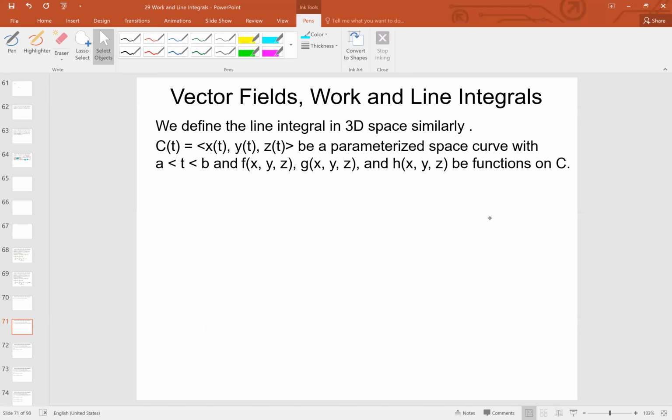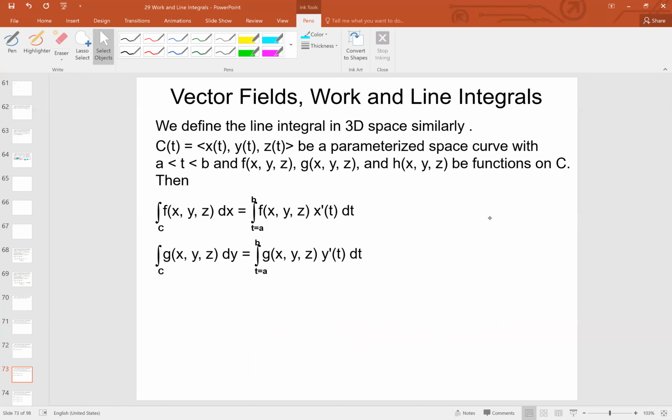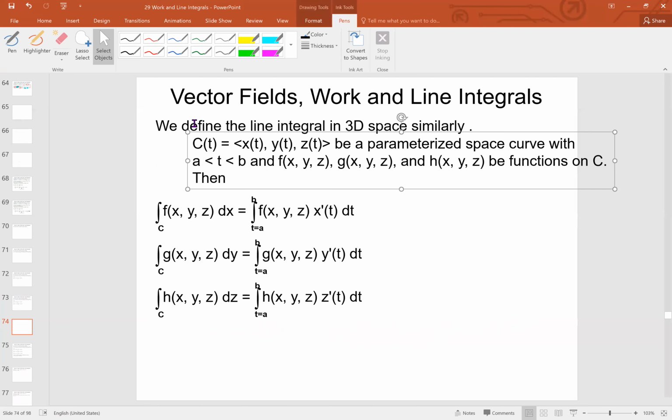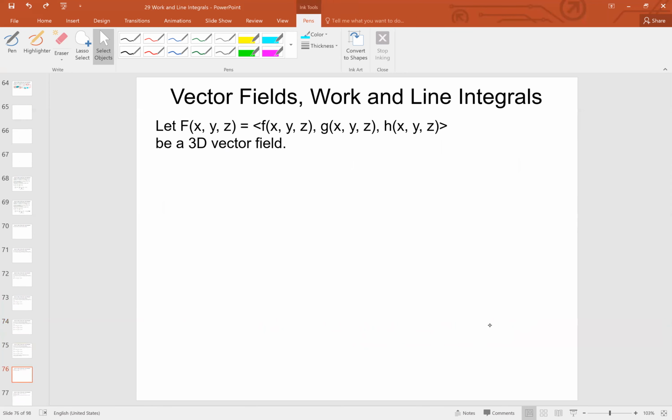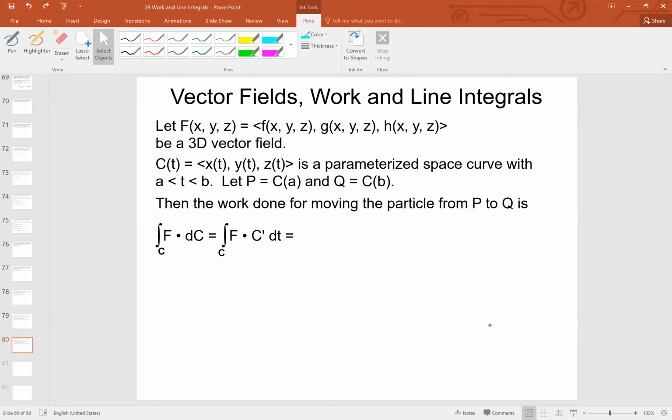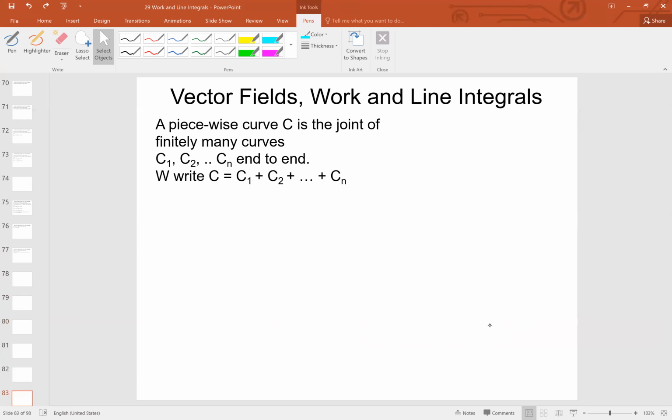You have a vector field f of x, y, z, with F, G, H for three-dimensional vectors. And then you can do the component line integral over the curve parameterized by three components, x(t), y(t), z(t). Everything is the same, so I'll leave it to you to read that.